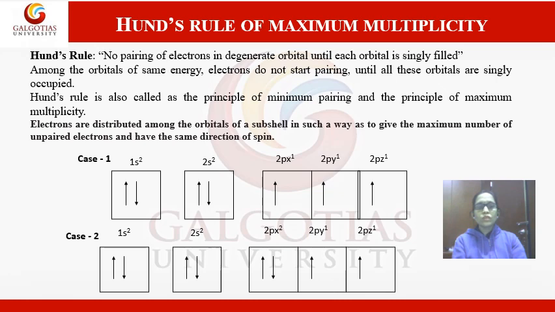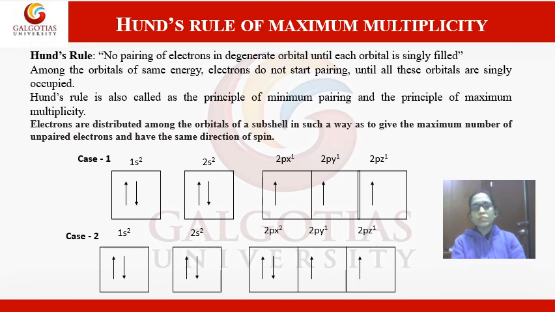According to Hund's rule, there is no pairing of electrons in degenerate orbitals until and unless each orbital is singly occupied. So Hund's rule is mainly applicable for the filling of electrons in different orbitals. It is also known as the principle of minimum pairing and maximum multiplicity.